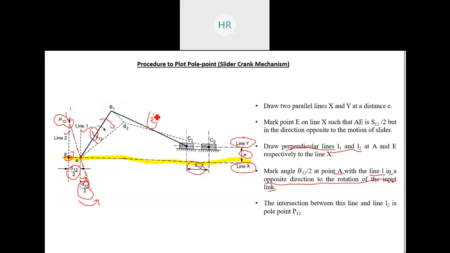Oh, sorry. Fixed link will be link number 1. This crank is link number 2 and this is link number 3 and this slider is link number 4. So we will get pole point P12.